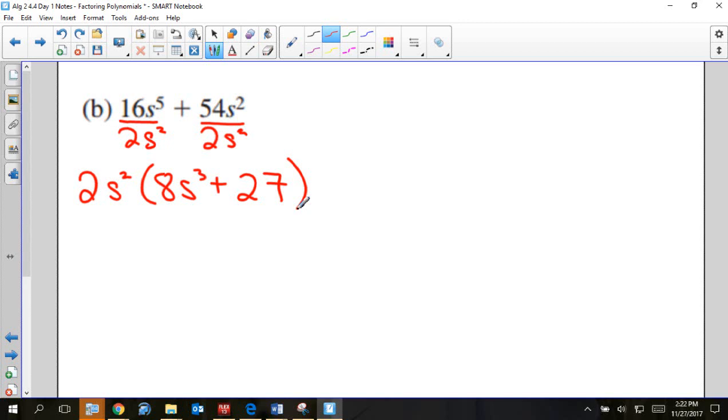And we can look at our binomial and say, what are my ways of factoring a binomial? Is it a difference of squares? Is it subtraction? Well, I know it's not a difference of squares. Is it a sum of cubes?